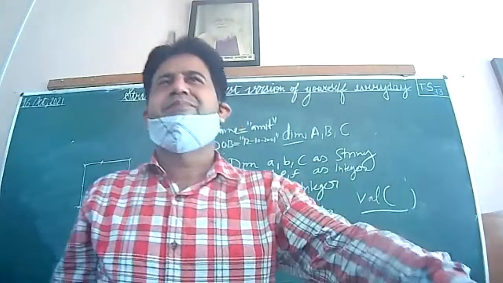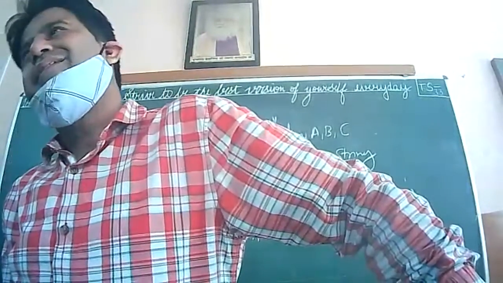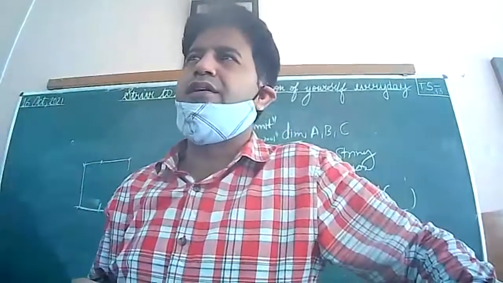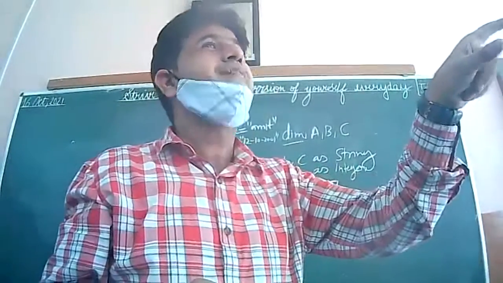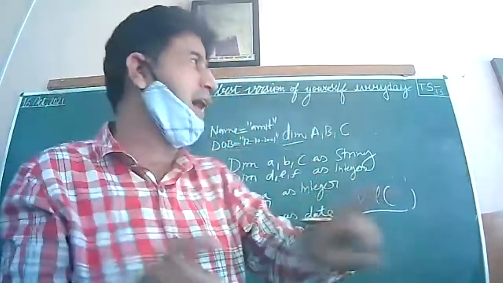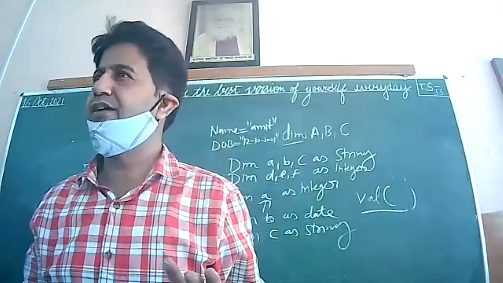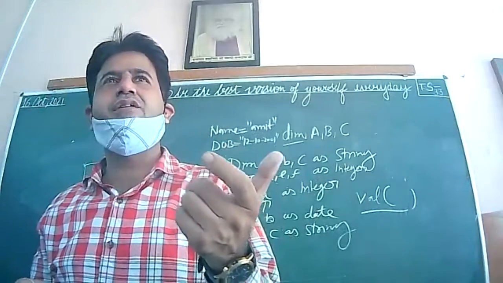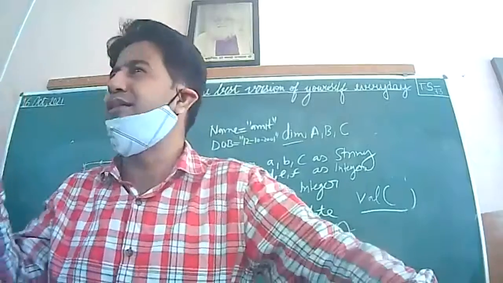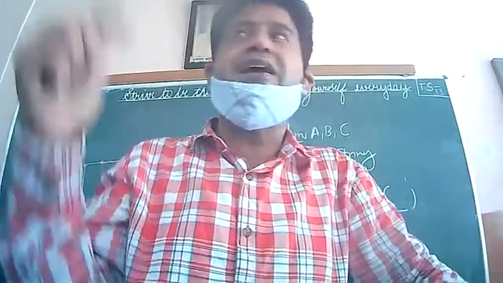Yes, sir. The pattern is string. By default, it is string. So whenever you fill any value in a text box, which data type will it be? String. That's why we converted it with the Val function into number or integer. Clear? The Val function converts according to your value. If you have given a value like 12.25, what will the data type become? Float. Okay?